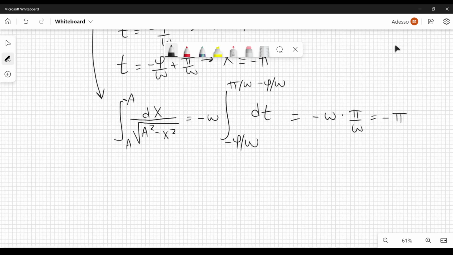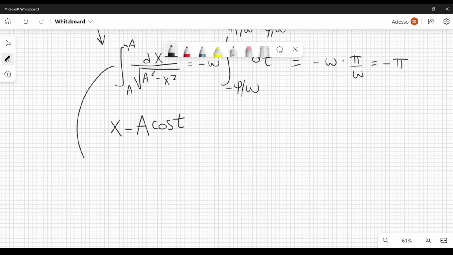And similarly, we should get the same thing by computing the integral on the left. That integral can be calculated quite easily if we set x equal to, for example, A times the cosine of t.